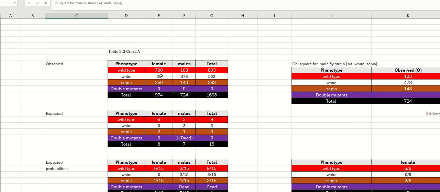It's like flipping a coin: you have 50-50 and you get data that is 49 and 51. You say, oh, that should be random chance. However, if you get values that are very different, you can start seeing that there could be problems.